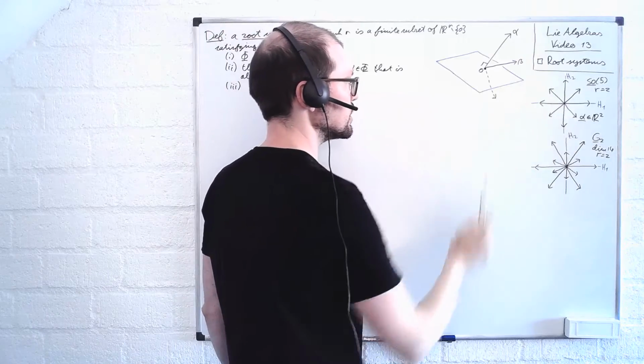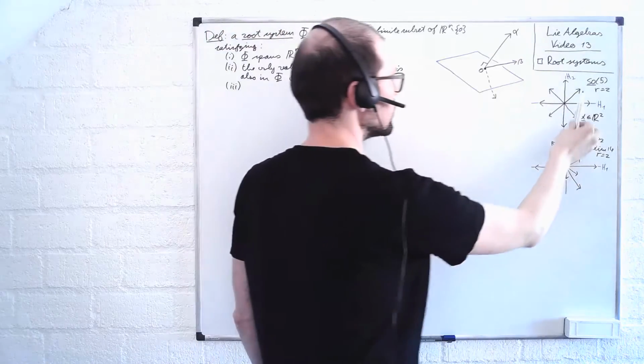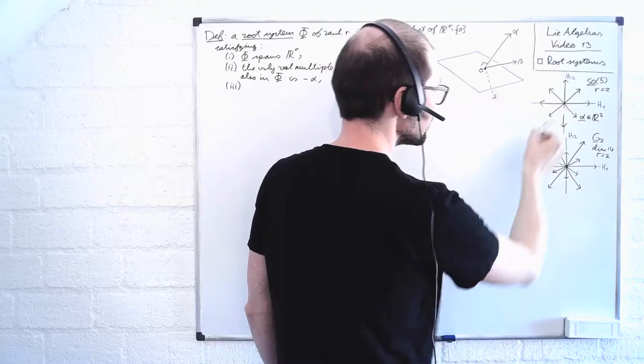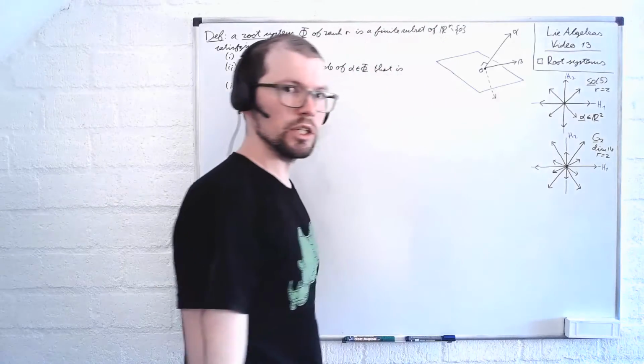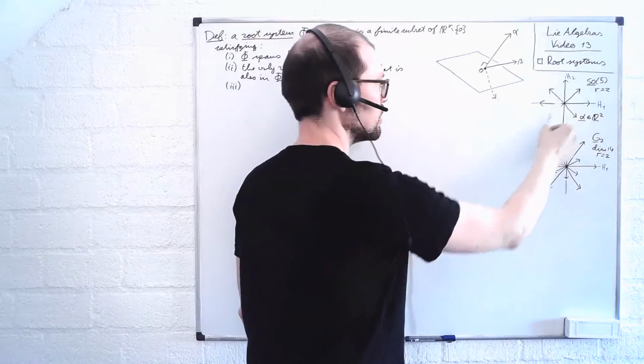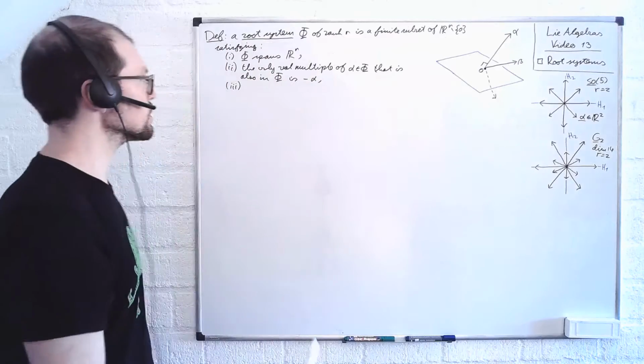So here we can see this is true. The only vectors that live in the same one-dimensional subspace are just the reflections of these vectors.